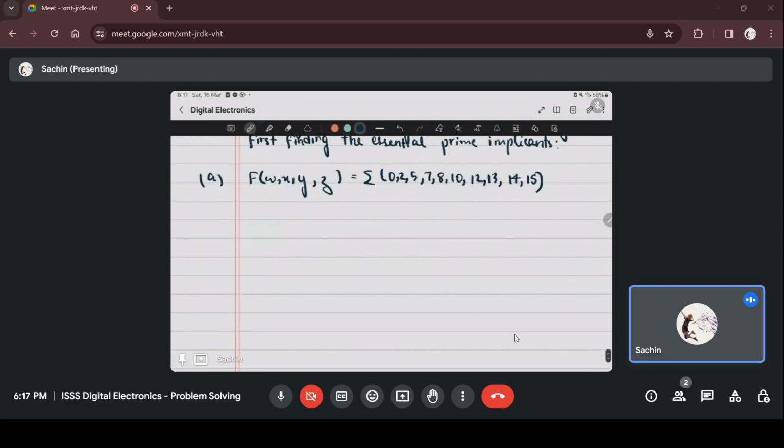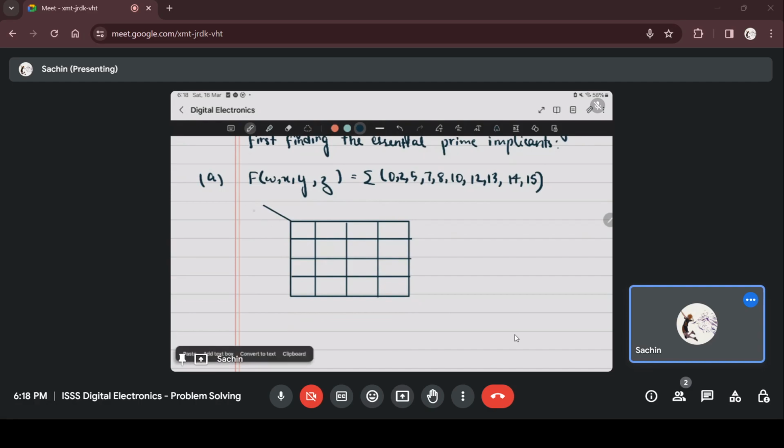Okay, first we'll write the K-map. Wx yz.